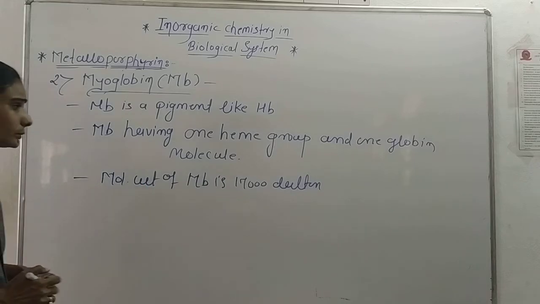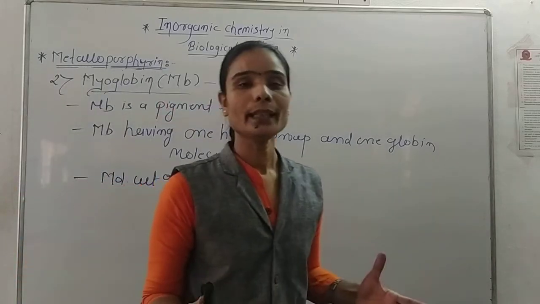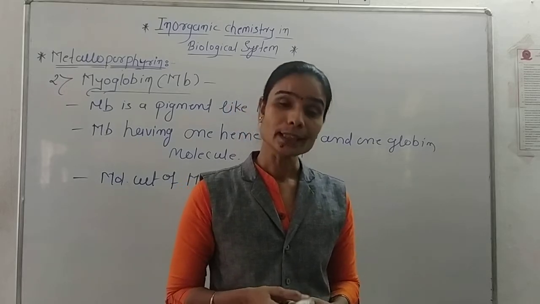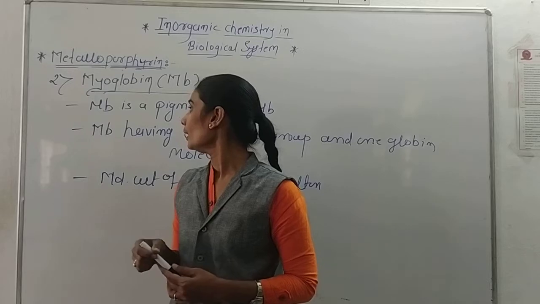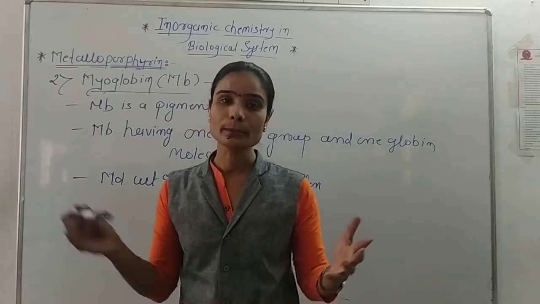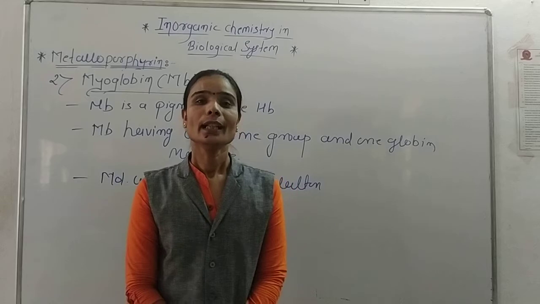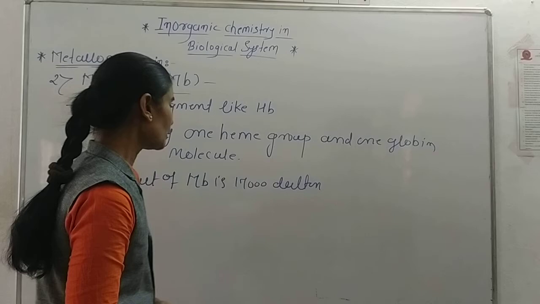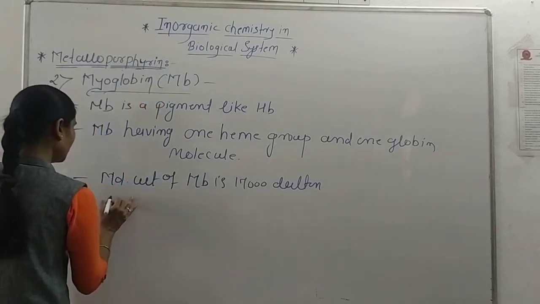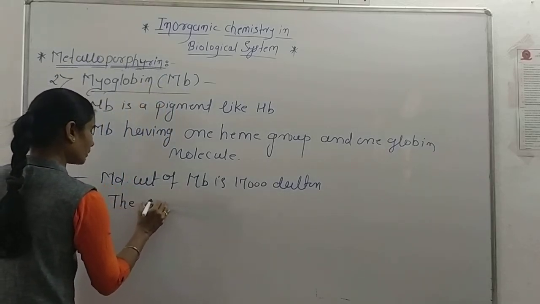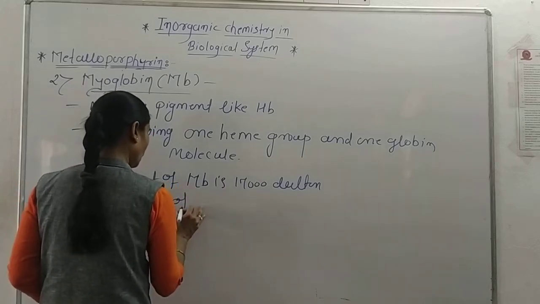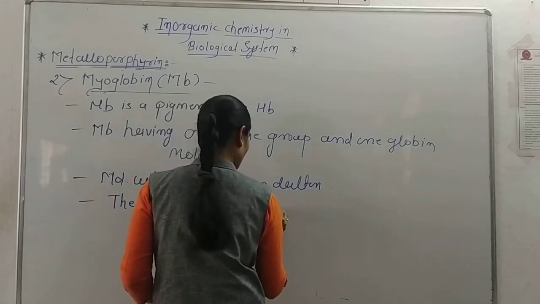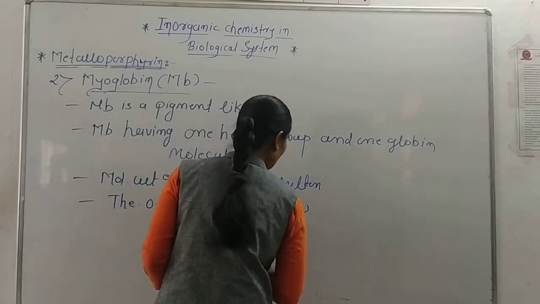Now, the heme group means the center atom is Fe present in the porphyrin ring. Myoglobin also has a heme group in which the Fe atom is present at the center, but only one heme group is present. The oxidation state of the Fe atom is +3 in myoglobin.